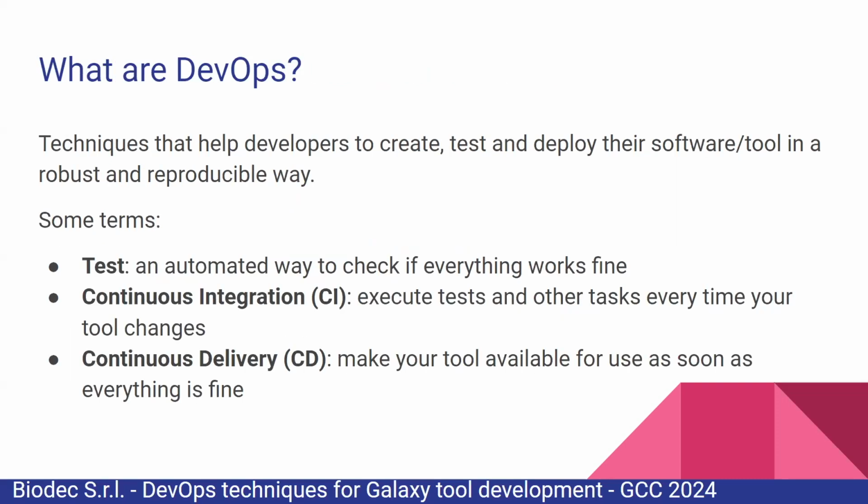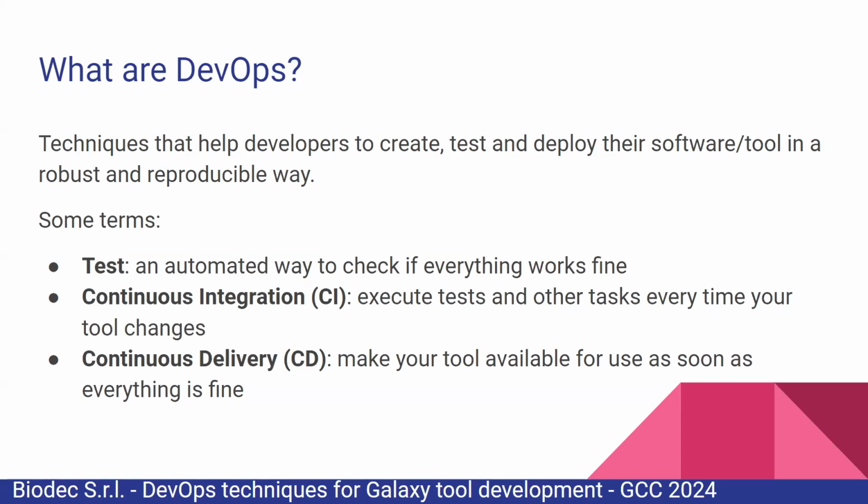So what are DevOps techniques? These are techniques that may help in overcoming obstacles early that you may face while developing software in general. First thing first, tests. That is something that usually is done later, if done at all.